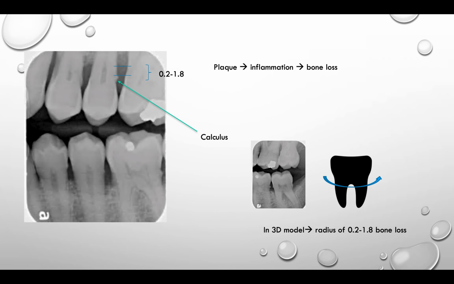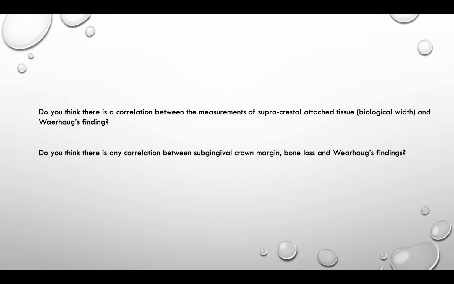If you have calculus or plaque here, there will be bone loss in the 3D radius around this calculus. If you have thick bone, so the distance is more than 1.8, then there's no destruction at that side, because that's the radius of inflammation and bone loss. This is why in thicker bone you may get a 3-wall defect or an intrabony defect.